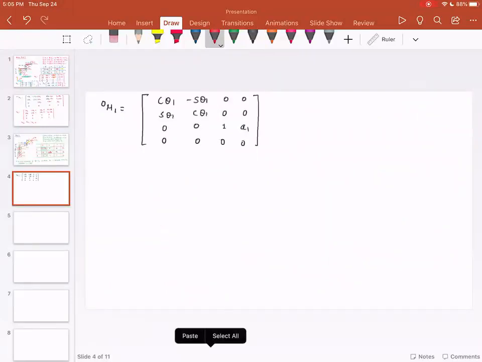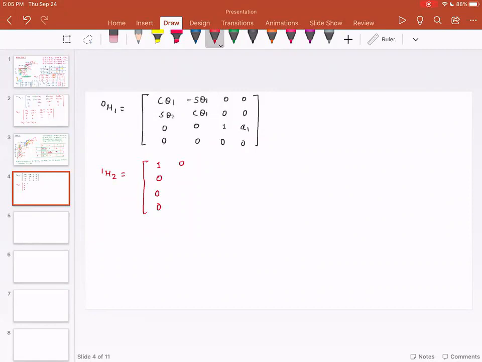Next is 1H2. For 1H2, the angle is theta 2, but please note it's a prismatic joint. There is no revolute joint, so there is no theta. So it's just going to become 1 because it's cosine of 0, sine of 0, 0, 0. Then you have sine of 0, then you have cosine of 0, which is going to be 1.